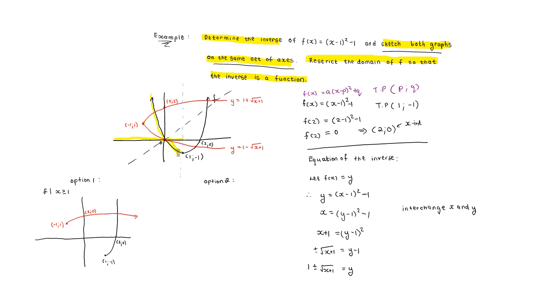If you reflect that arm about the line y equals x, it will give you this line on the inverse, which is below the x-axis. So if you graph that on the same set of x's, these will be the sketches of your inverse, which is a function. So option 2 is such that x is less than or equal to 1.